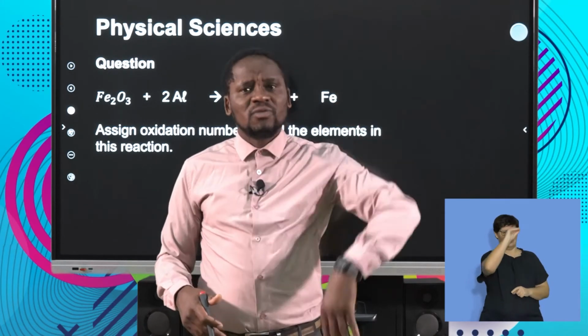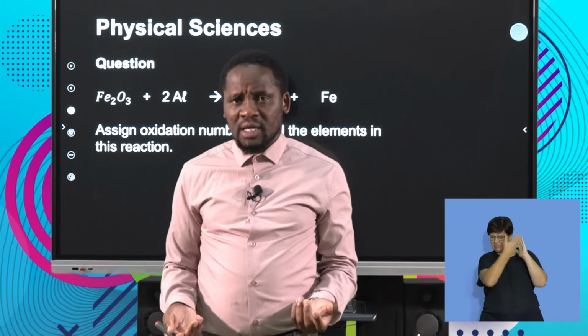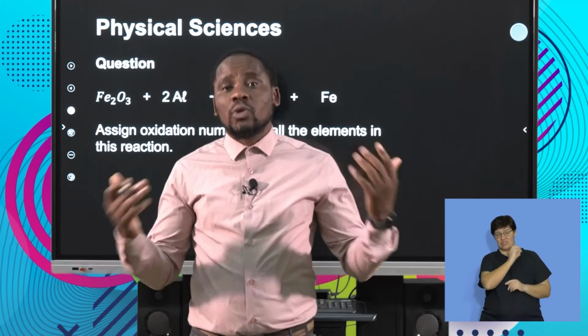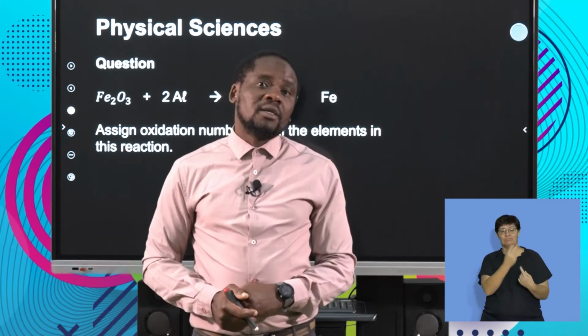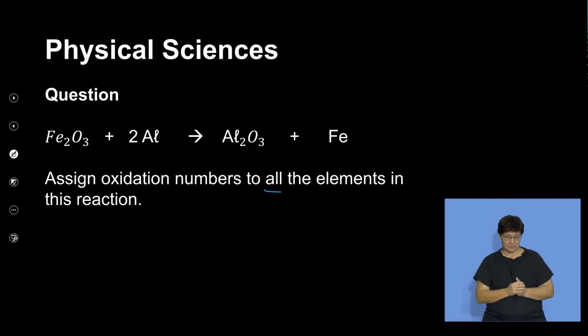There's a whole set of rules that we need to remember and know when to apply each one of them in given scenarios. So in this case, let's start with iron 3 oxide. Now, which rule applies in this case? We know that oxygen in its combined form, the oxidation number is -2, right?